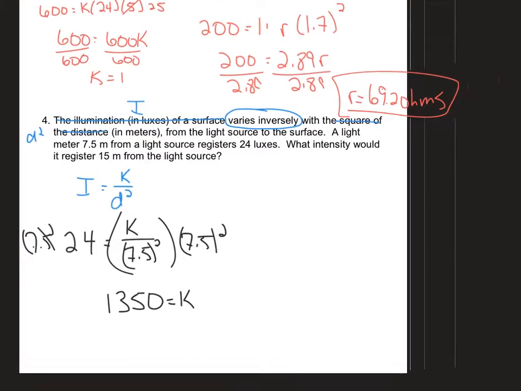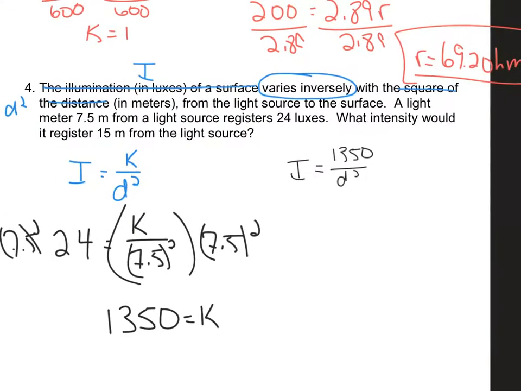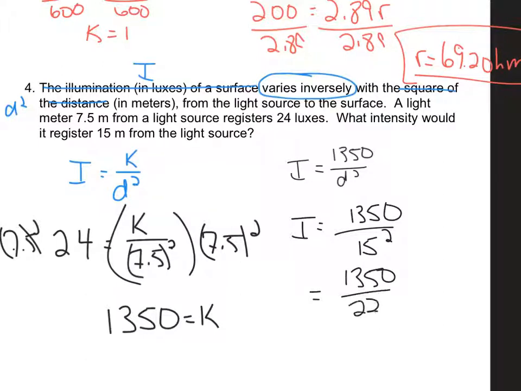I don't want to waste a lot of time talking about it. So I know that I equals 1,350 over D squared. And then it says, what is the illumination when the distance is 15? So 1,350 divided by 15 squared, that's 1,350 over 225. And I got that I equaled 6 luxes.